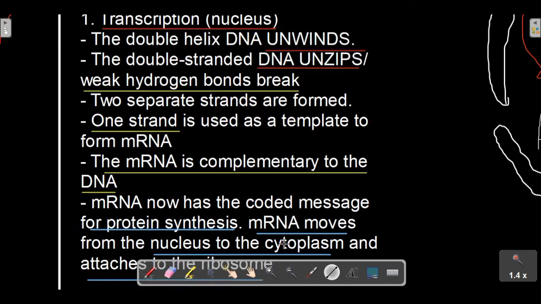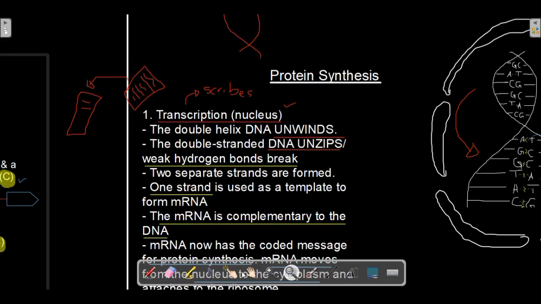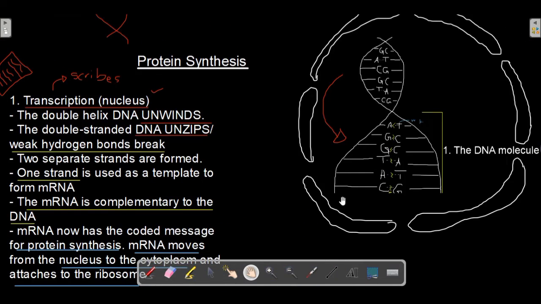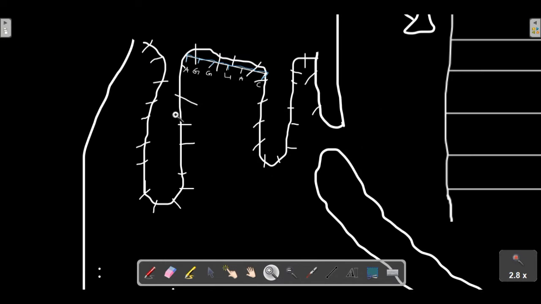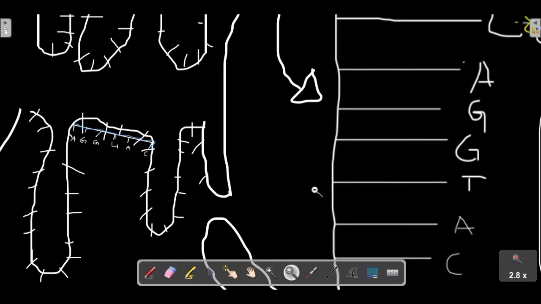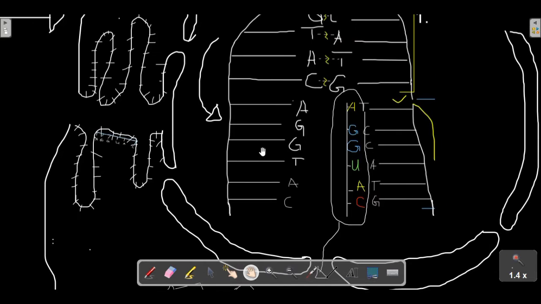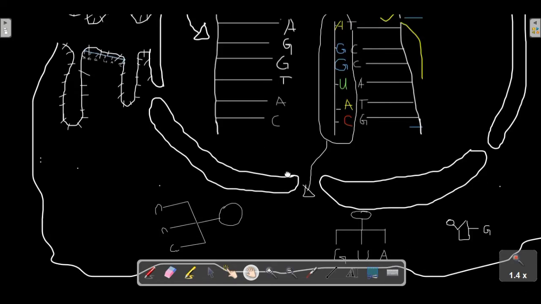So that is the whole transcription, the first stage. Now, what's important is that you note that it actually carries this code, and you are able to mention or identify the complementary nucleotides, or rather nitrogenous bases, that will bond with the DNA, because the thymine part tends to really confuse students.